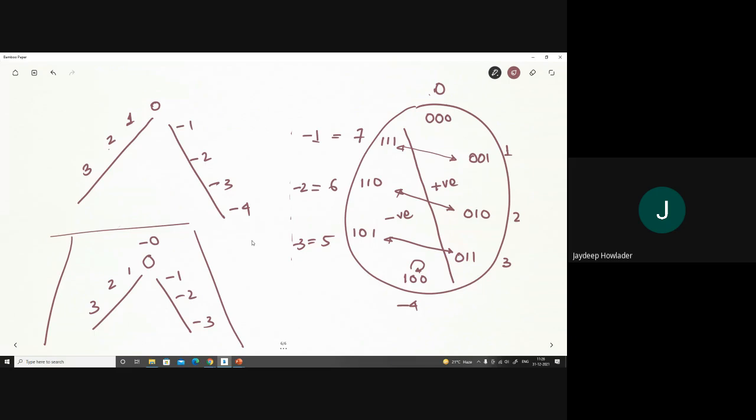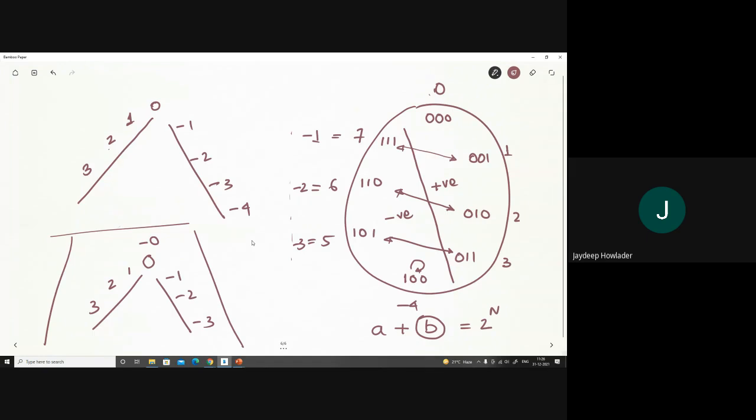For any n-bit number, if we take a number A, I am able to uniquely identify a B which is its complement, because their sum should be 2 to the power n.